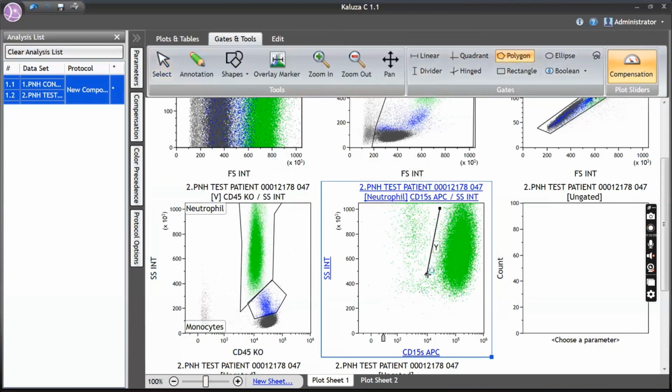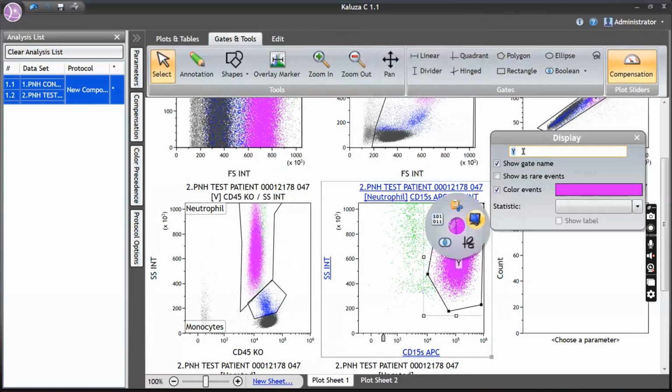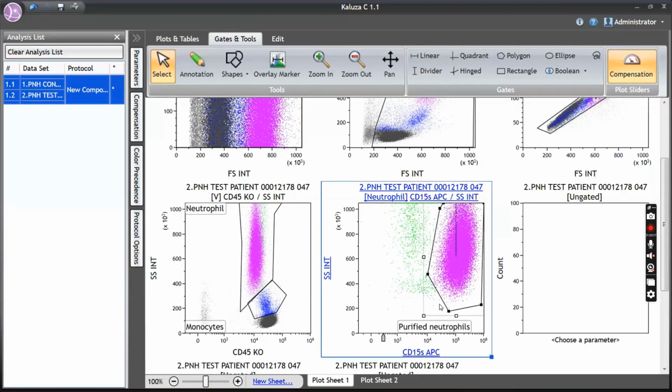So I'll just gate only the purified neutrophil population. And label them as purified neutrophils. Perfect, done. So now we have purified the neutrophils.